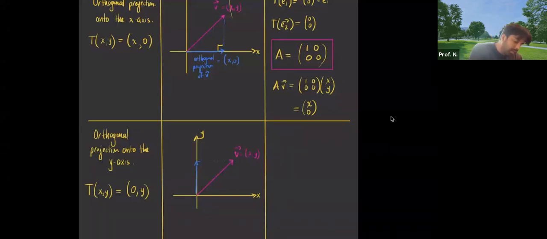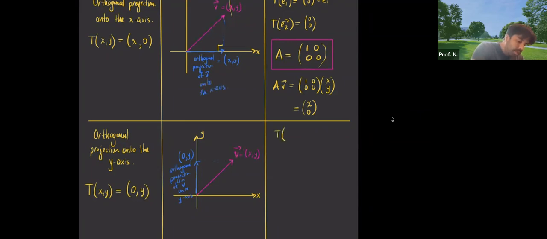And this vector is going to be what? 0 comma y. So this is the orthogonal projection of V onto the y-axis. This is onto the x-axis.